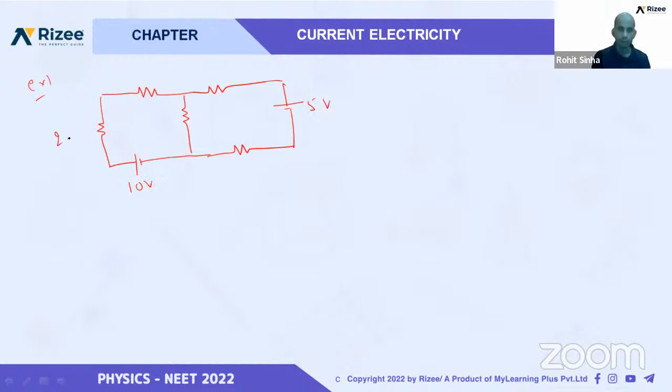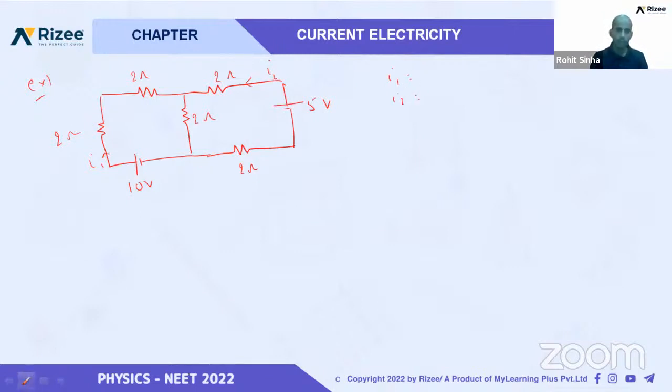The value of each resistance is 2 ohm, 2 ohm, 2 ohm, and 2 ohm, like this. We have to find the current in the circuit: how much current is flowing through each branch. Let us say it is I1 and I2. We have to find what will be I1 and what will be I2.